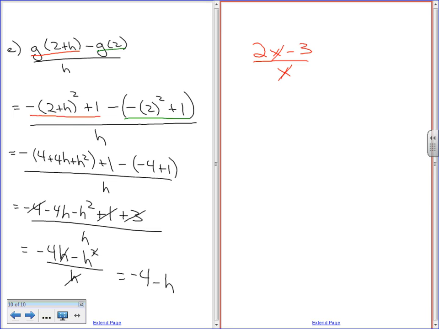This has an x, this has an x, this guy doesn't have an x, there's nothing you can do. Okay? If there was an x here, then you can cancel it. Okay? So please be aware you can only divide through if all the terms have what you're dividing through by. Any questions on the functions?